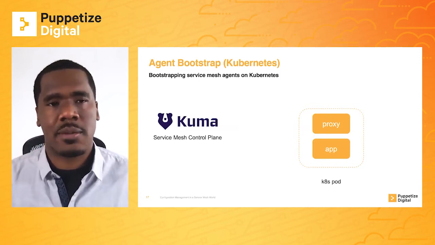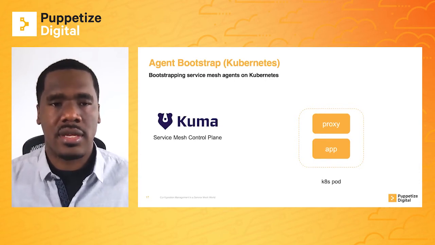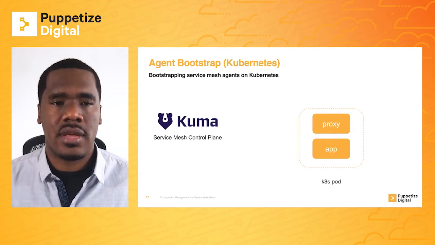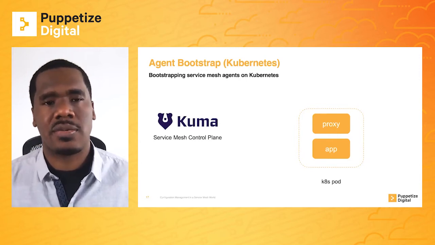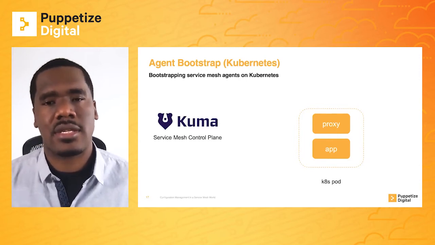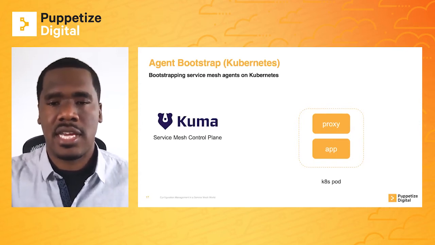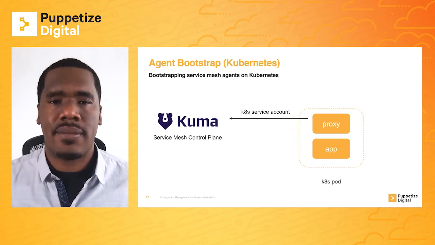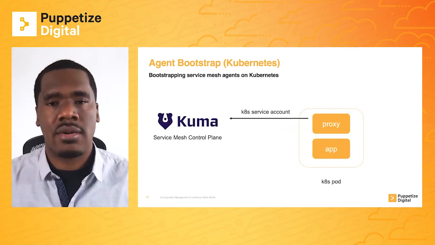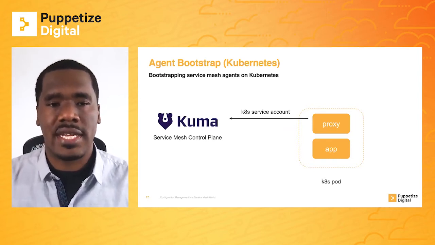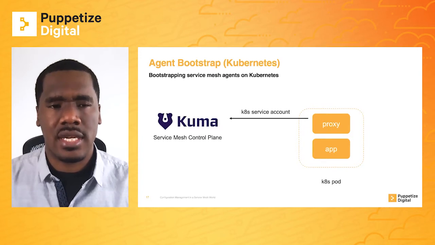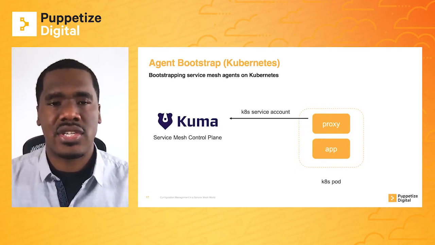And so we have a similar conundrum with the service mesh agent. And so we need to get the certificate, which is generated by the service mesh control plane, to the actual workload, in this particular case, right next to the workload in the case of the proxy. And so what happens in the case of Kubernetes is that there is a Kubernetes service account that is leveraged for identity, an initial identity, to the service mesh control plane.